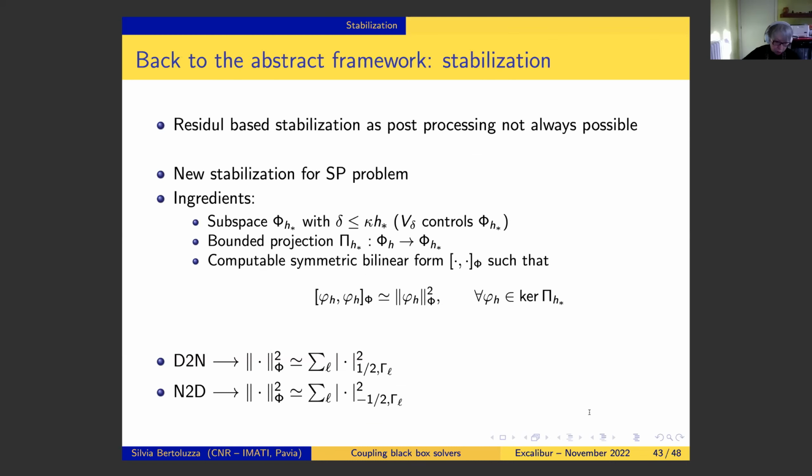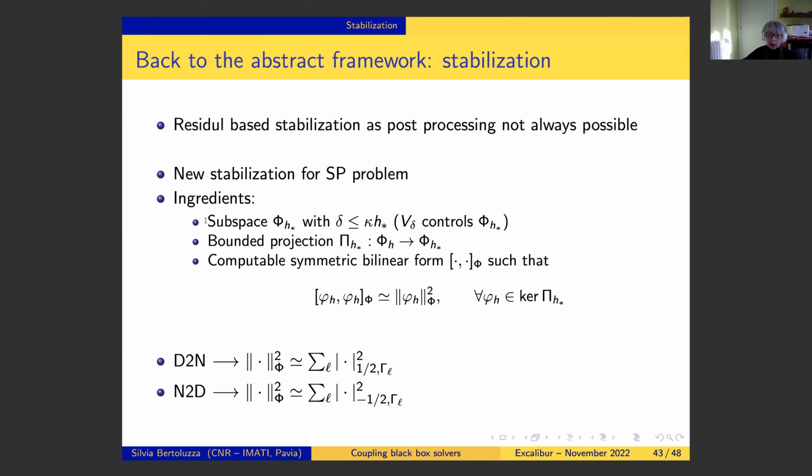To end, since my time is finishing, let's go back to the abstract framework and try to write down a stabilization. The point of the stabilization here is that we want the stabilization not to affect in any way the black box solver. So the idea is to build a new stabilization whose ingredients only act on the Lagrange multiplier without touching the black box solver.